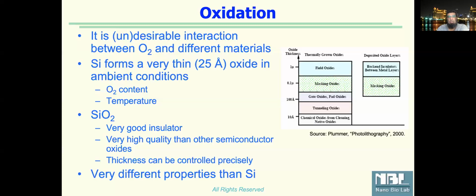Now, oxide, silicon dioxide is nothing but glass, silica glass. So, which means that silicon dioxide is also transparent. So when you grow that, we can see what's below. So it's always easy if you're doing lithography, a next layer of lithography, that we can easily see through oxide and see through what's below that surface.